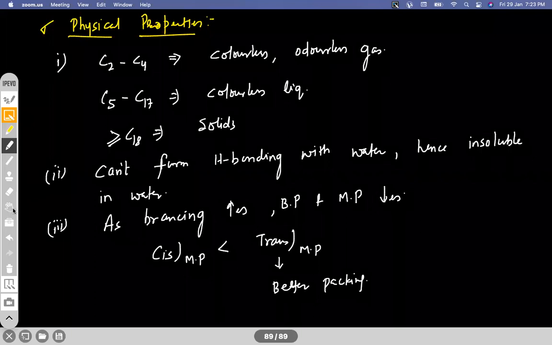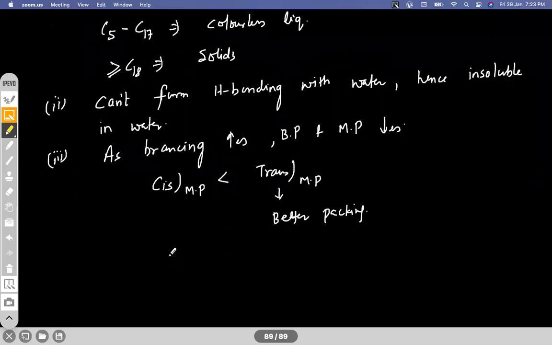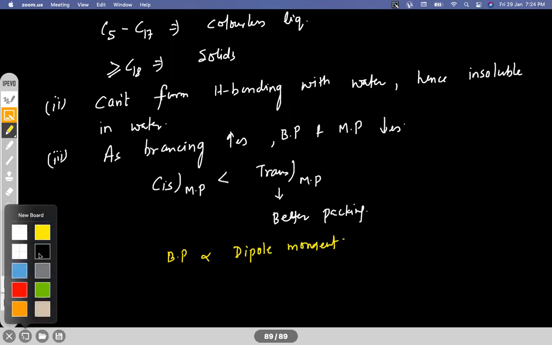So we can also write boiling point is directly proportional to dipole moment. We have done this in isomerism also, geometrical isomerism properties. Okay, so these are a few physical properties we have that we must remember. Next, write down chemical properties.